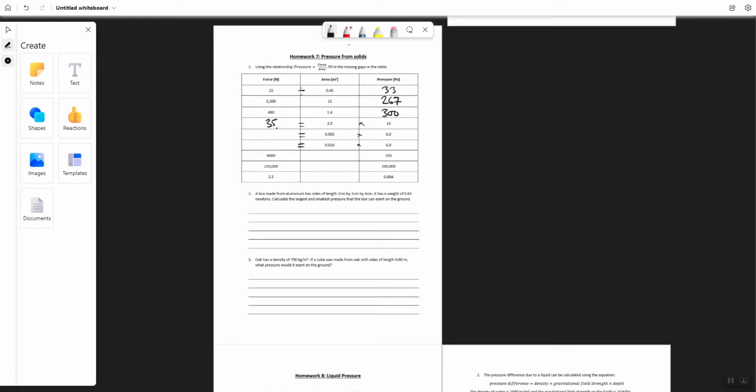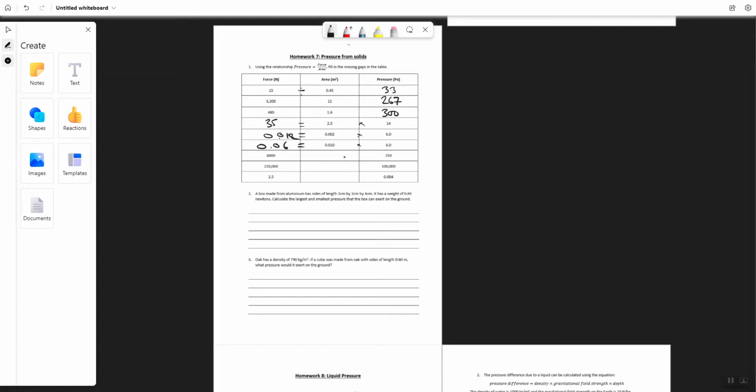Is this one here? 6 times 0.002 is 0.012. 6 times 0.001 is 0.06.